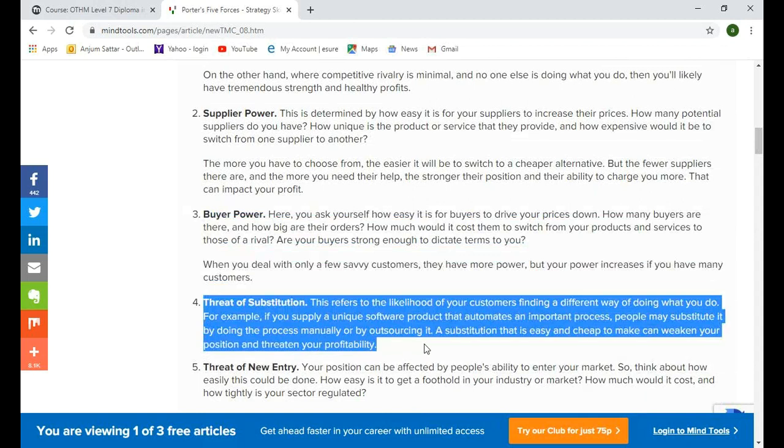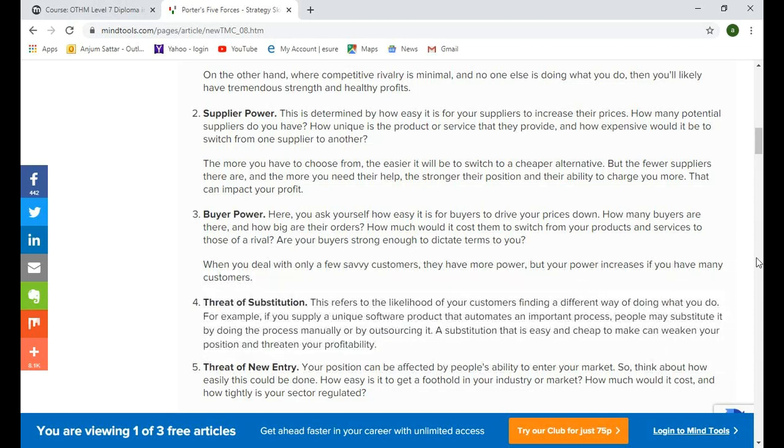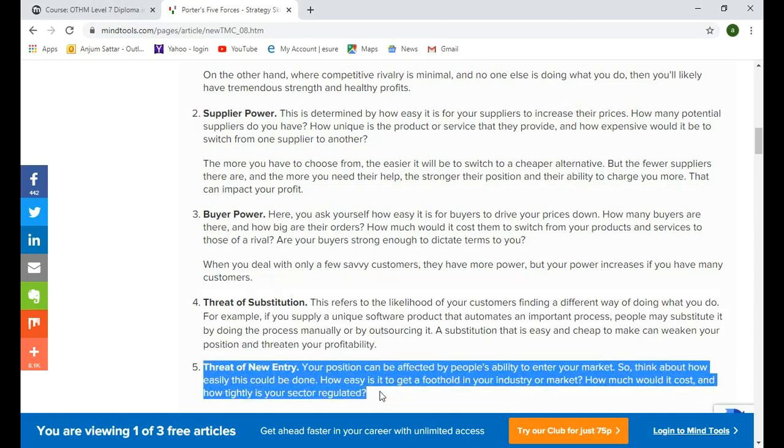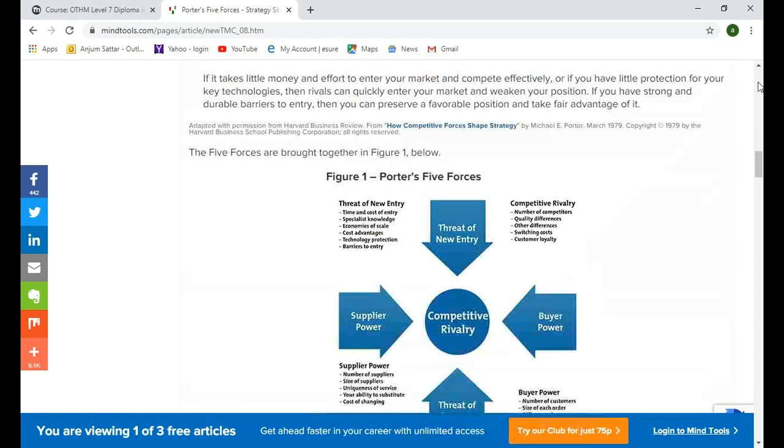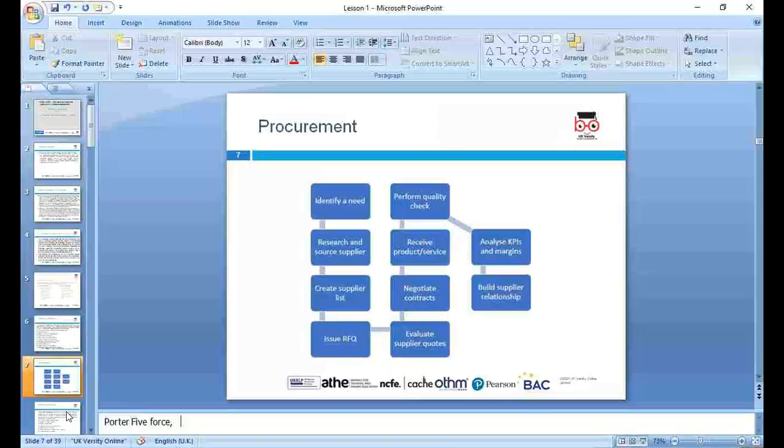We need to think about the threat of substitutes, maybe people saying one thing and actually sending something different, or a totally substitute material being available. Threat of new entry can mean new suppliers in the future. So all of this needs to be managed. These Porter 5 forces also help us plan our procurement.